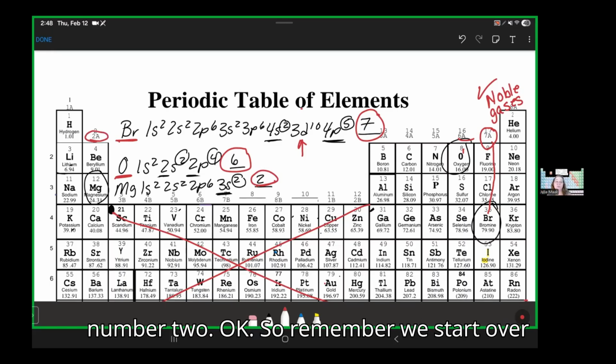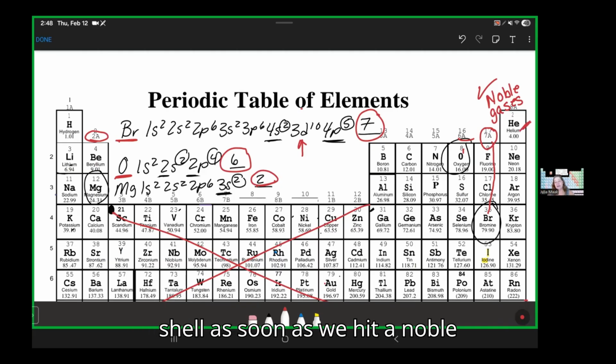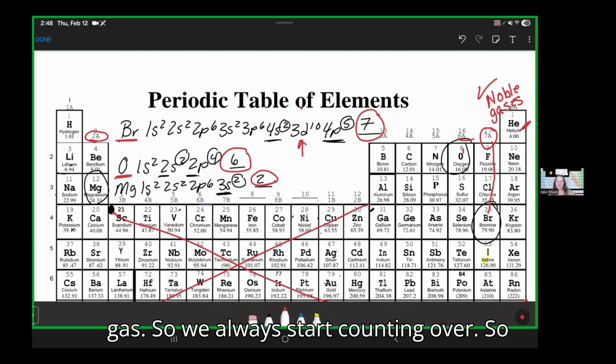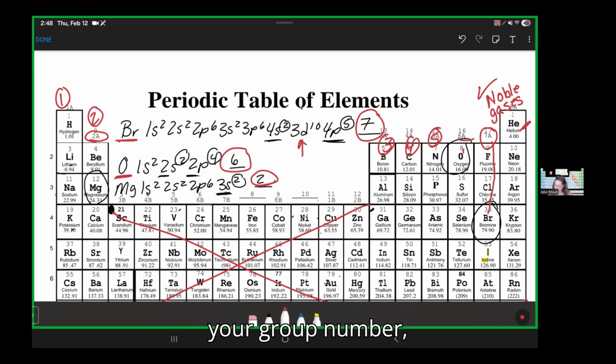He's group number 2. So remember, we start over on a shell, that outside shell, as soon as we hit a noble gas. So we always start counting over. So all of these have 1 valence, 2, 3, 4, 5, 6, 7, 8, just like your group number.